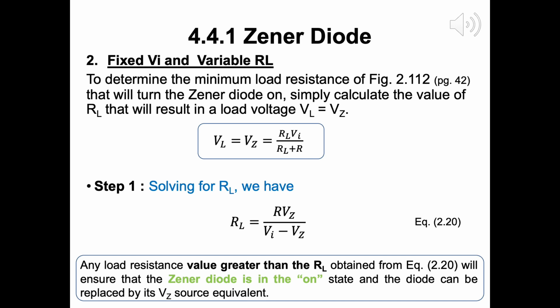Solving for RL from here, we will have equation 2.20. Any load resistance value greater than the RL obtained from equation 2.20 will ensure that the Zener diode is in the on state and the diode can be replaced by its VZ source equivalent.